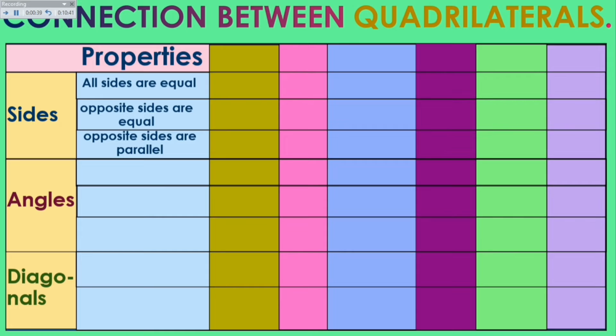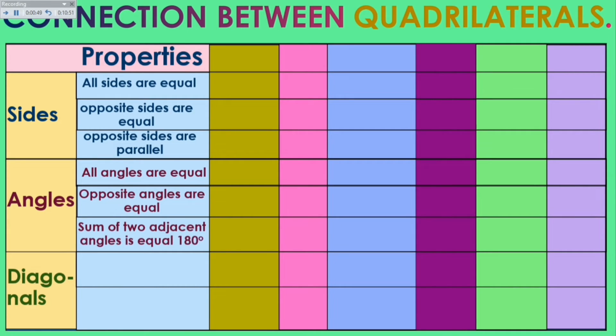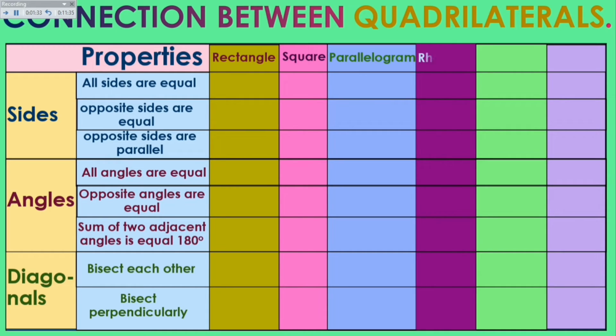For the angles, we stated that all angles are equal, opposite angles are equal, and the sum of two adjacent angles is equal to 180 degrees. For the diagonals, the properties covered are that they bisect each other and they bisect each other perpendicularly. Now let's check these properties for all our quadrilaterals: rectangle, square, parallelogram, rhombus, trapezium, and kite.